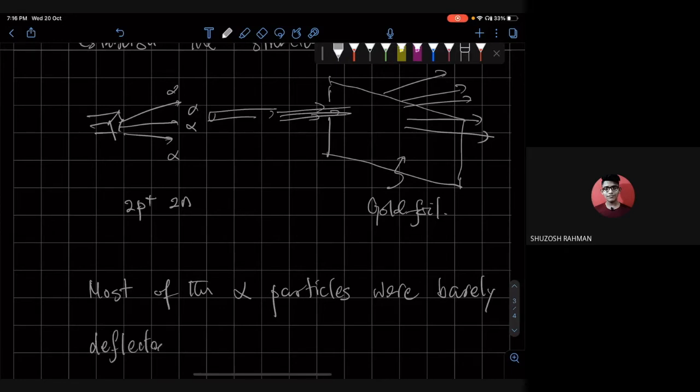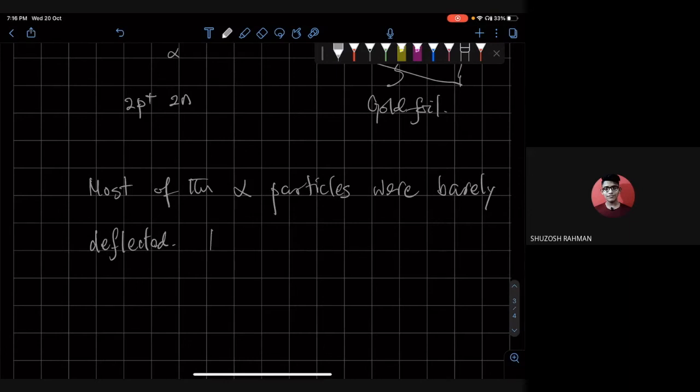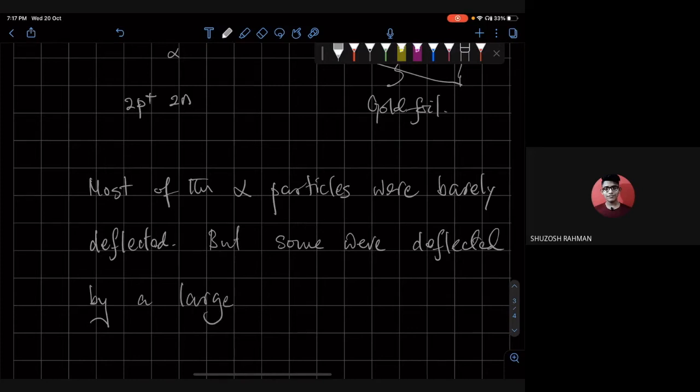But some were deflected by a large angle and even backscattered.